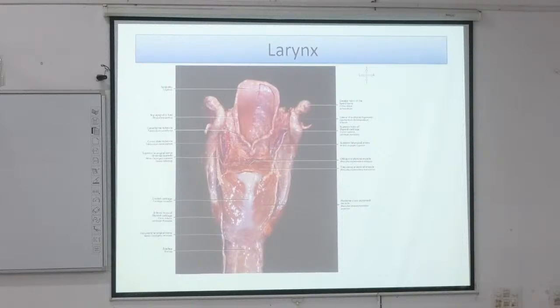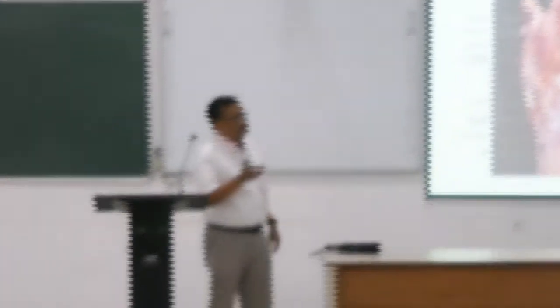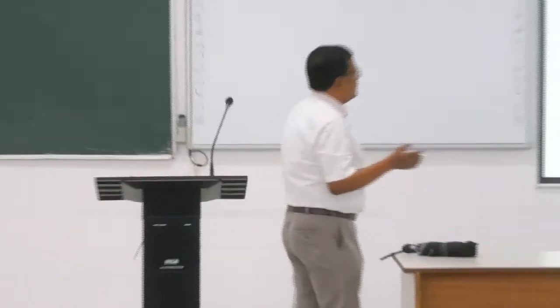One batch will be shown today. It is the very beautiful specimen I showed you in the last class. All the features of the larynx are there in this specimen. And there will be another sagittal section at the end, and you will learn that also.